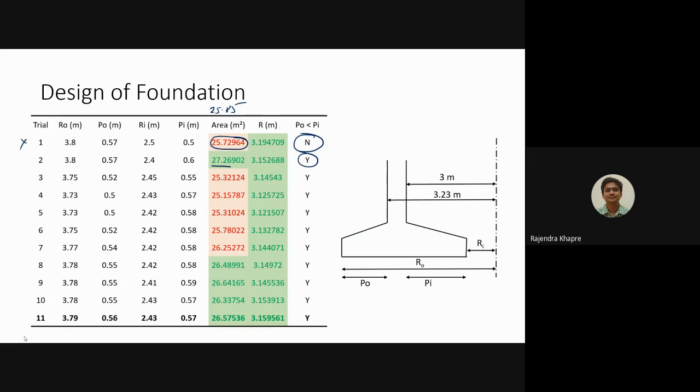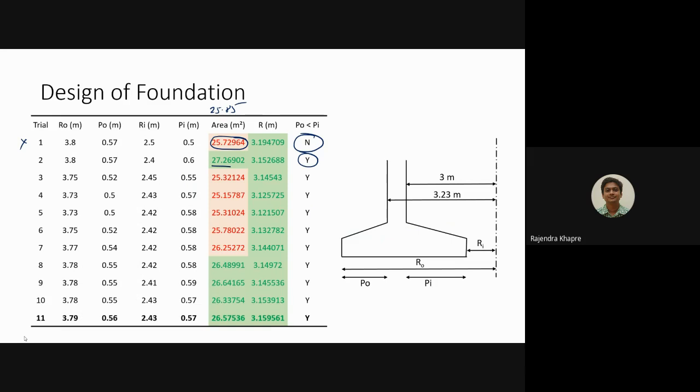The R value should not cross the wall. Getting it? So the second trial looks okay, but the issue is the area we are providing is 2 meter square higher, whereas we need 25.85 and you are providing 27.27 roughly. So this needs to be revised, right?